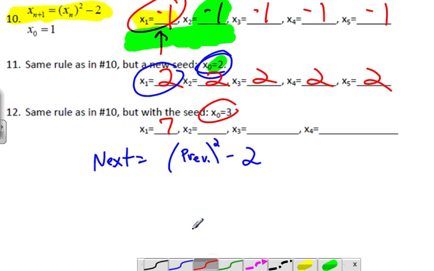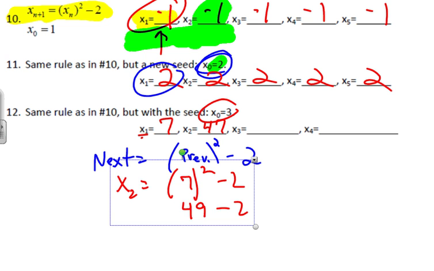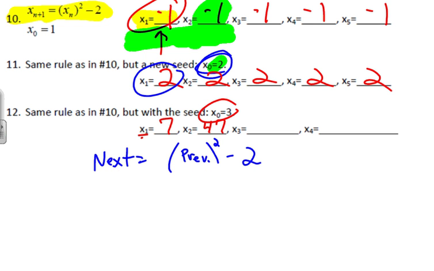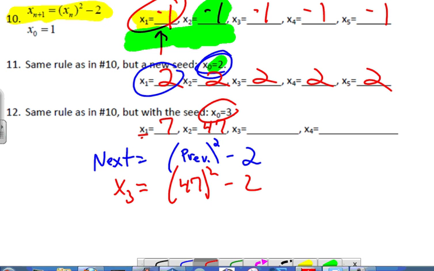Moving on, iteration number 2, we'll use iteration number 1, 7, and apply the same rule. 7 squared minus 2 is 47. This behavior is quite a bit different than the previous two. In fact, if you have a hunch that it's going to explode quickly, you'd be right. The third term will be the second term, squared minus 2, and that's a big number.